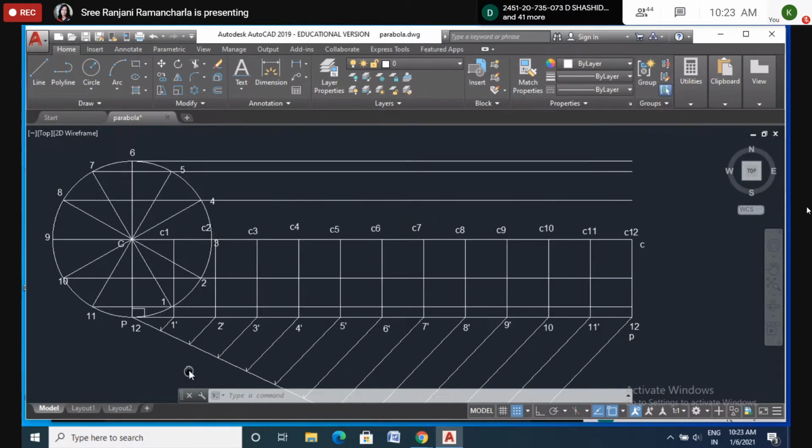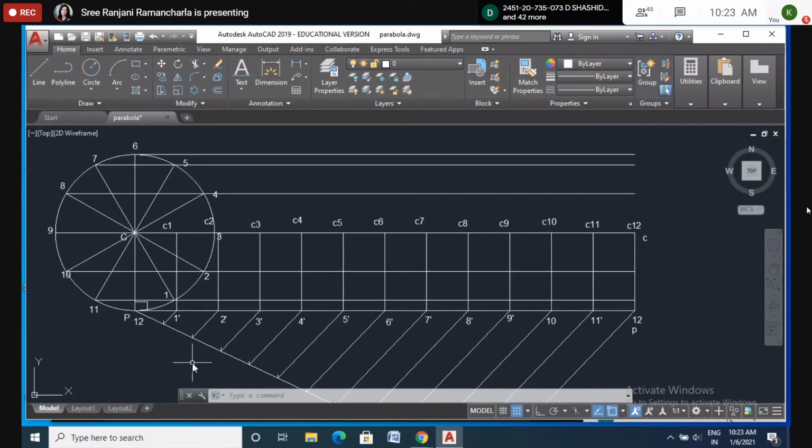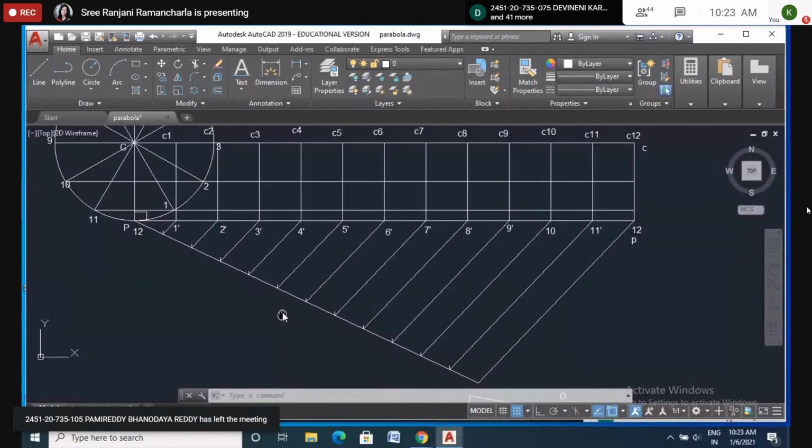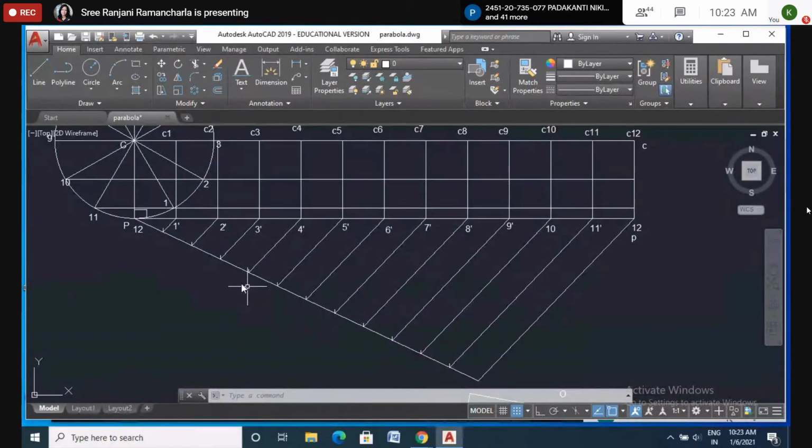Madam, if we take 1 dash at 15 degrees, then should we take all at 15 degrees? No, you take any angle with this horizontal line. It should be approximately between 15 to 45. No need to measure exactly, just draw the line. Not a very narrow angle.